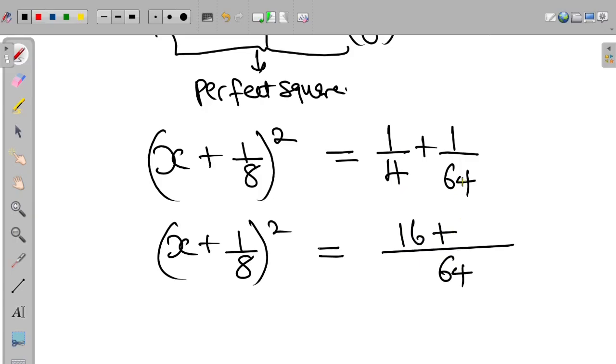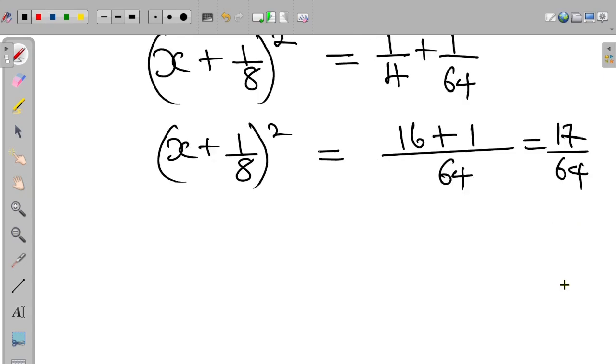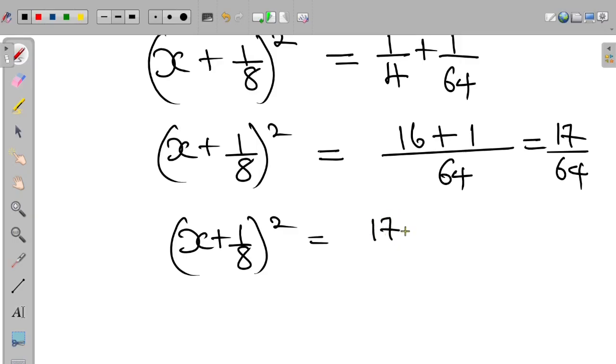Plus 64 divided by itself is 1. 1 times 1 is 1. So this is equal to 17 divided by 64. So therefore we have that x plus 1 divided by 8 all squared is equal to 17 divided by 64.